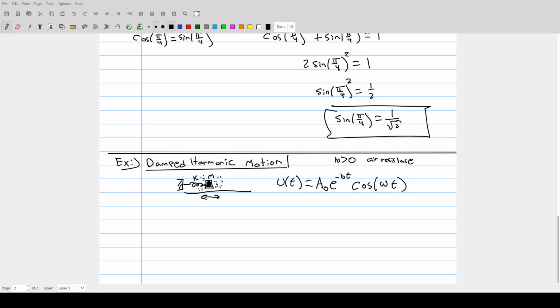So how much resistance the mass is getting as it's moving back and forth on the spring. And omega is called the frequency of the wave.